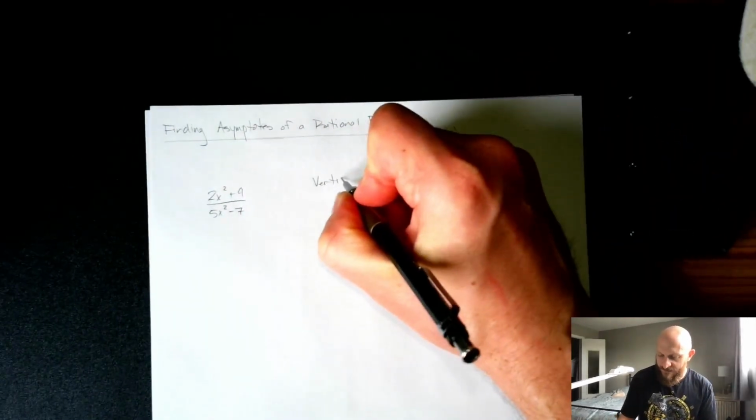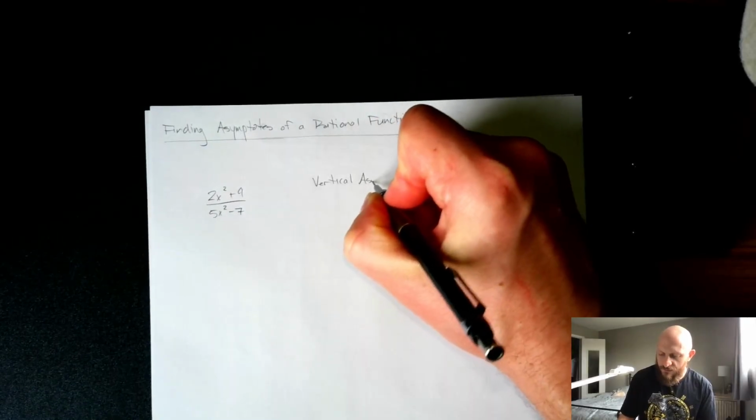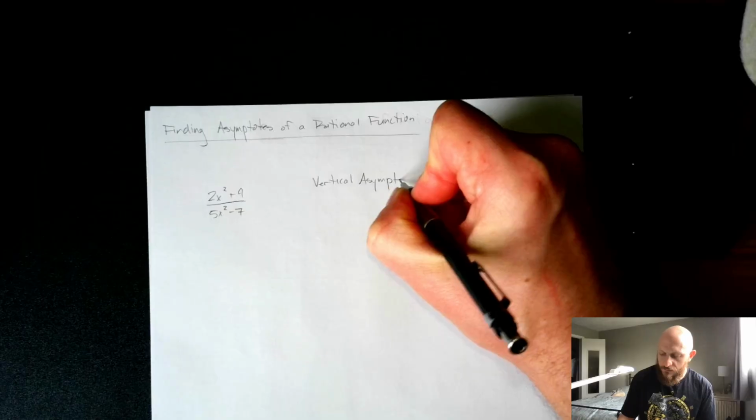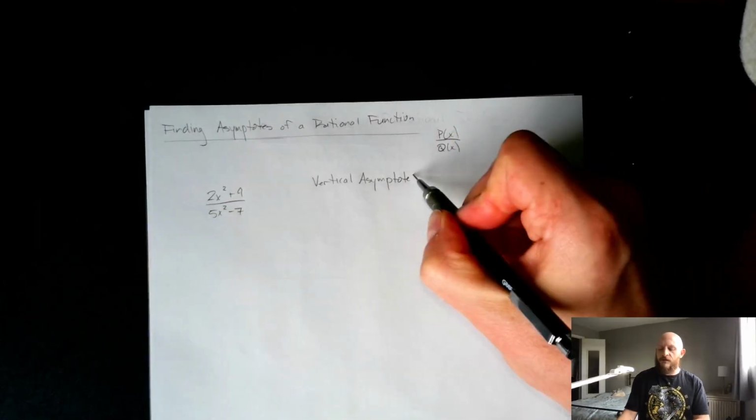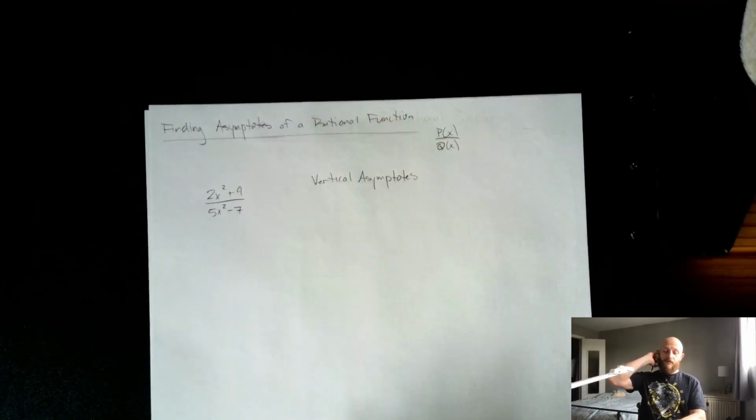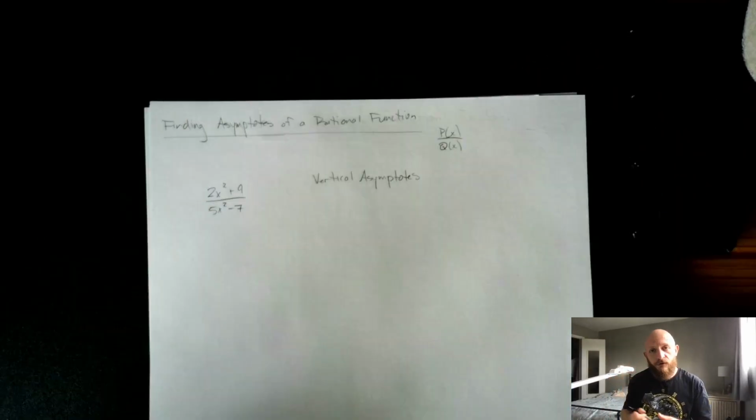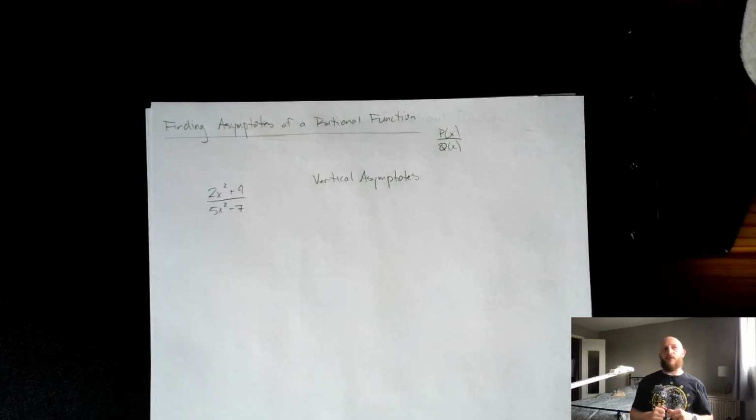For vertical asymptotes, that all is going to depend on the denominator. In particular, vertical asymptotes are going to occur at what I like to call the problem points of the rational function. What does that mean? Well, with all rational functions you need to be aware of the whole dividing by zero issue.